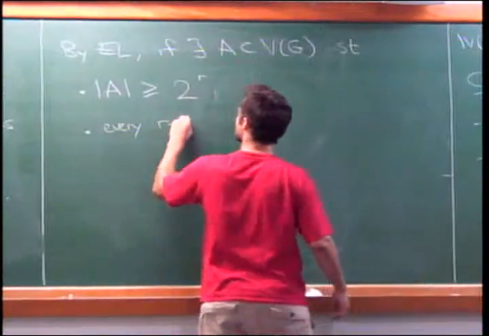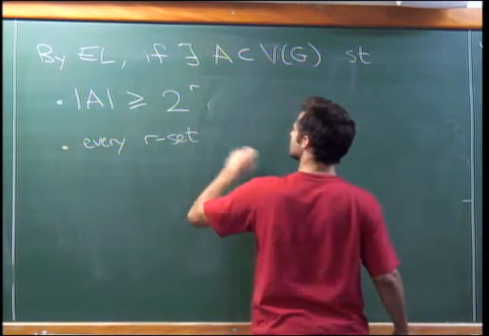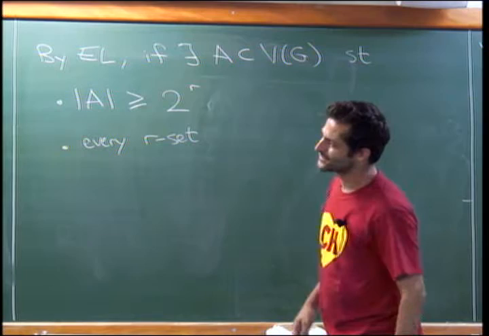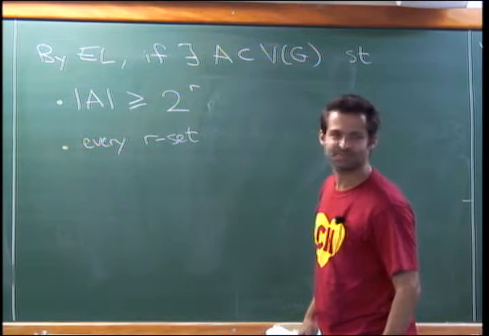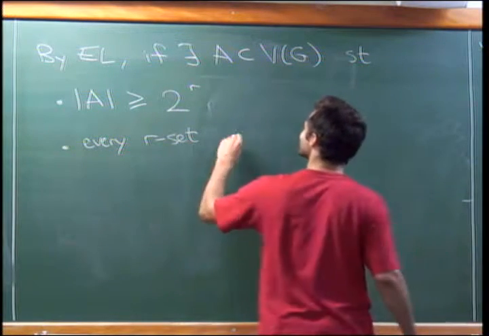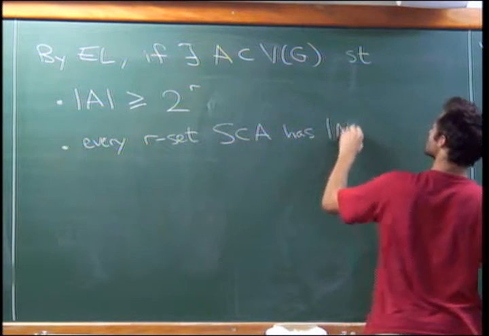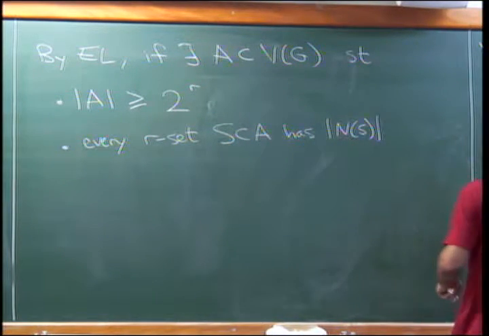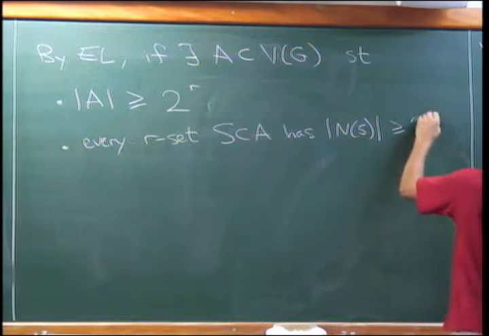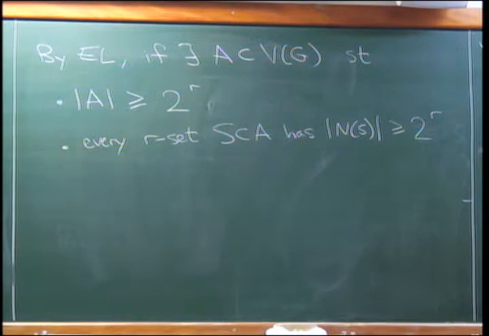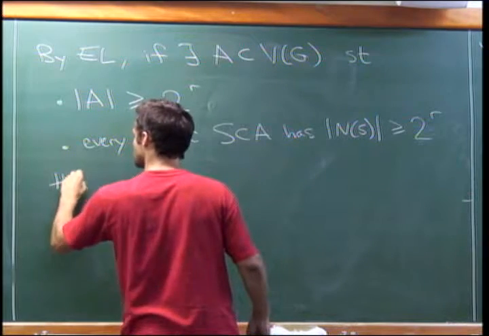Every R-set, so I realize my R is the wrong one, but never mind, has how many common neighbors? We need 2 to the R, then done.